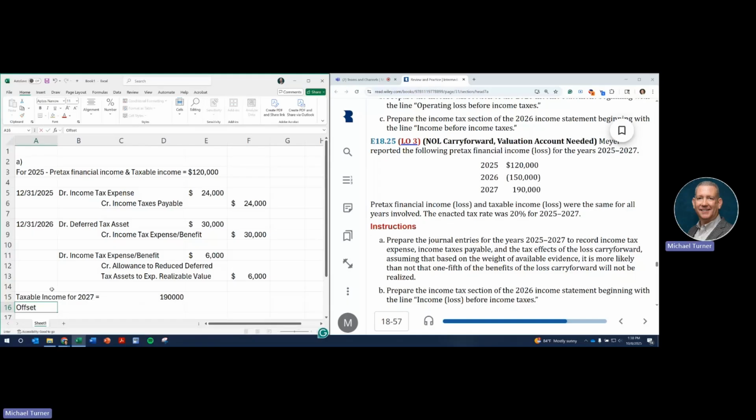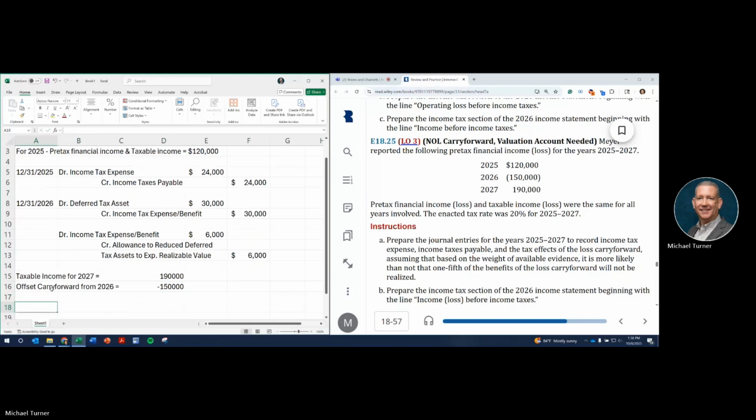And then we can offset our carry forward from 2026, and that was $150,000. And so the net impact, we net those together, we get that it's $40,000.